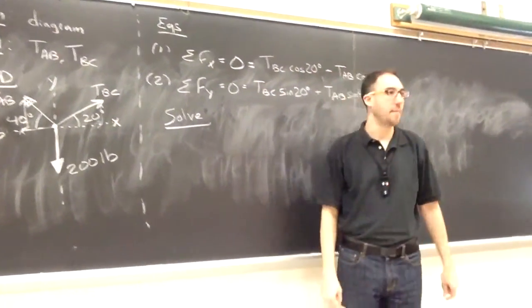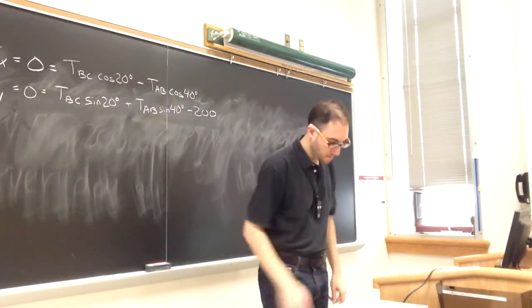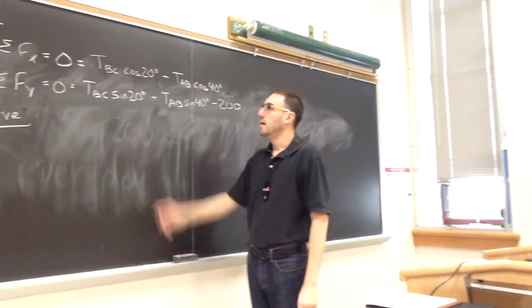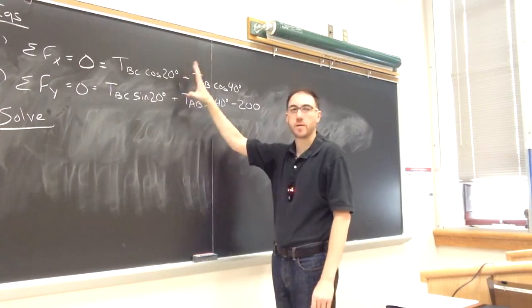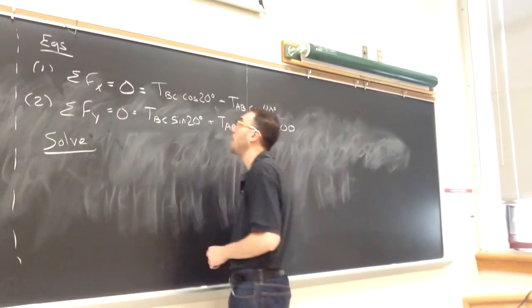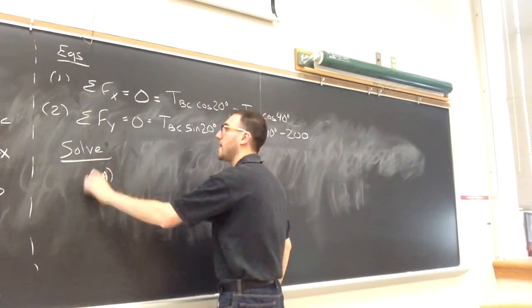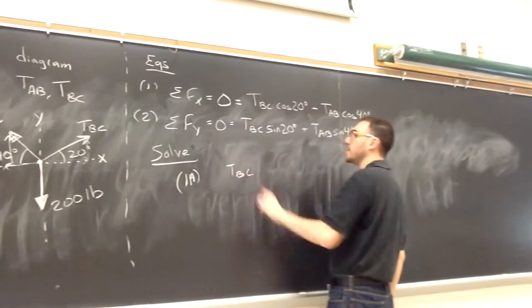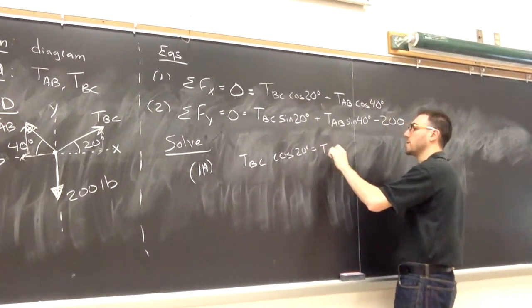So in the solve step, we solve these two equations for these two unknowns. All right, so usually when I'm presenting on the board, I'm not going to go through the actual solve steps, but here I will just to demonstrate how we would do this. We can take equation 1 and use substitution here and say that TBC cosine 20 is equal to TAB cosine 40.